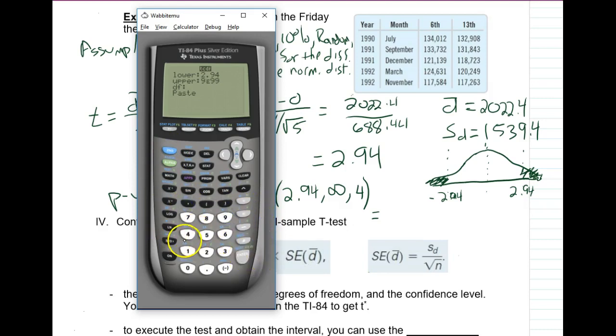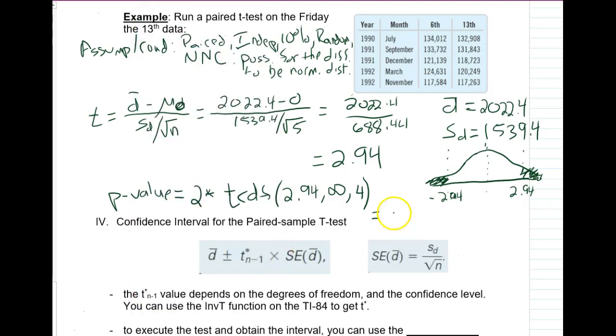And then the degrees of freedom, 4. We paste that, we execute it, and there we have 0.0211. But I have to multiply that by 2, and I get 0.04 and some change, I believe. But it's approximately 0.04 is my p-value.